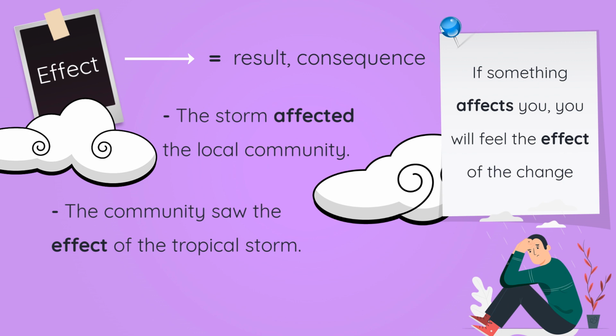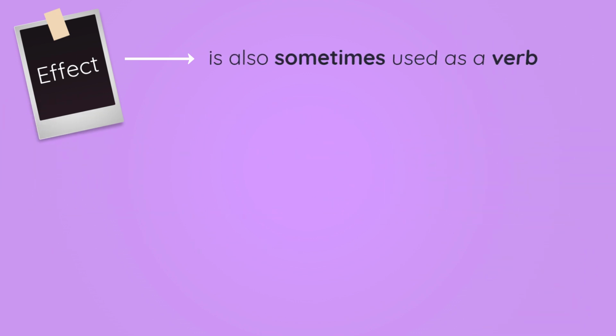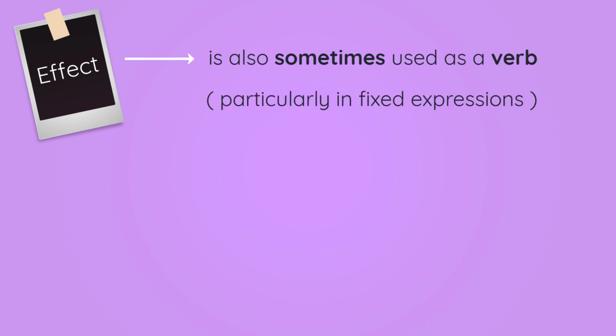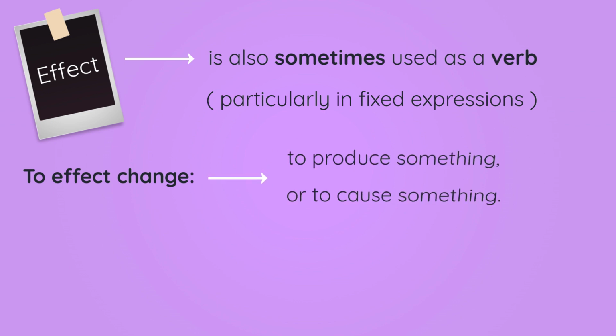But as usual, the English language would not make it so simple for you, would it? Be aware that effect is also sometimes used as a verb, particularly in fixed expressions, such as to effect change. So in this expression, effect is actually a verb, and it means to produce something or to cause something.